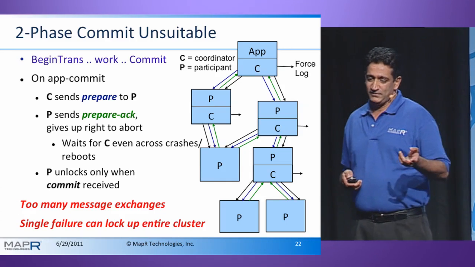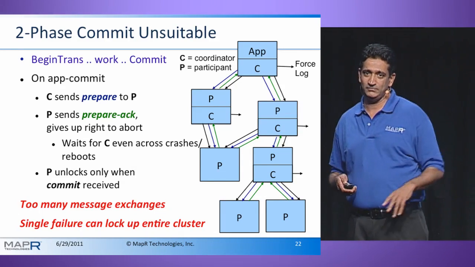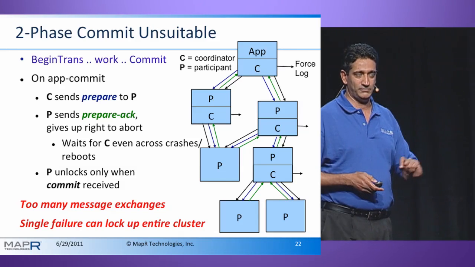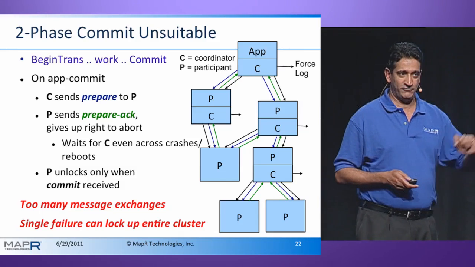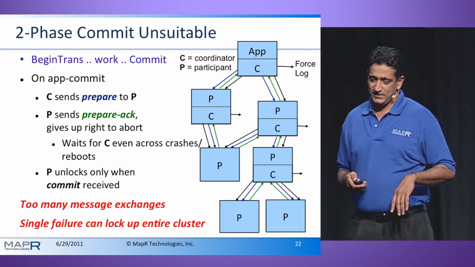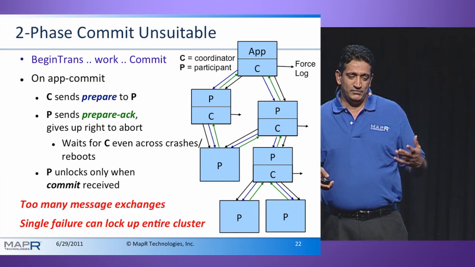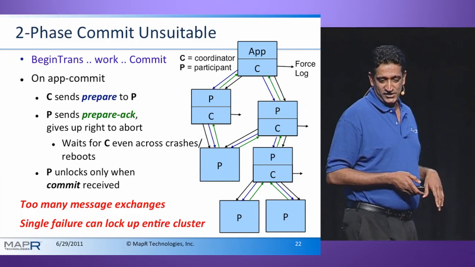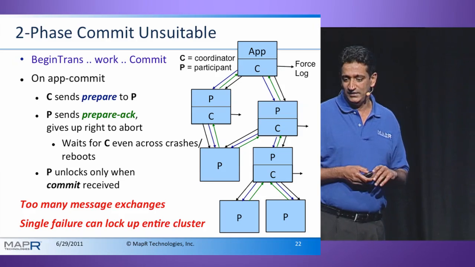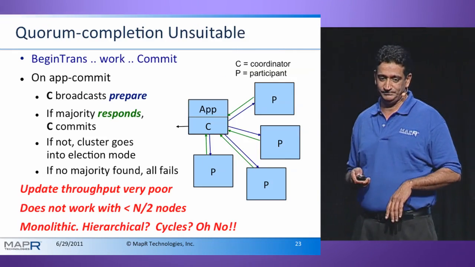The participants all respond back with the prepare ACK, and at this point, they lock themselves and say, we can neither roll forward nor roll back. They guarantee that, and they give up the right to abort. So the coordinator forces a log and sends commits at that point. The problem is that, as you can see, it's too many message exchanges. And if one of these nodes crashes in the middle, you've pretty much locked up the entire cluster.